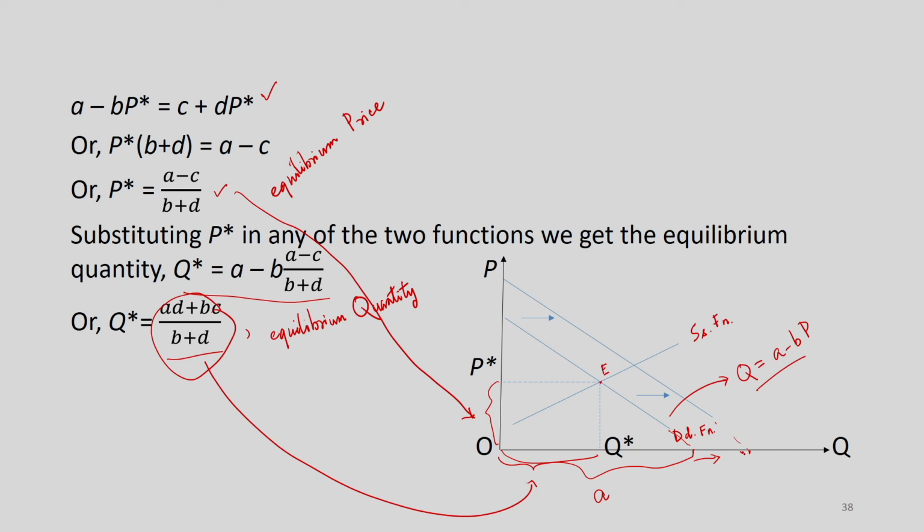And that basically means that the entire demand curve, it is not exactly a curve, it is a straight line in this particular case, is shifting to the right. If it is shifting to the right, then there will be a new point of intersection with the supply function, and that point in this case we are calling E dashed.